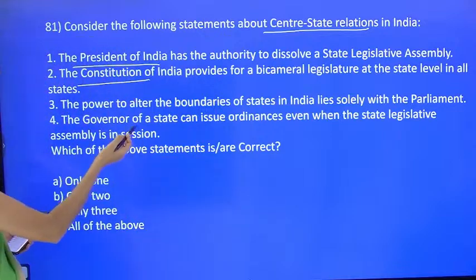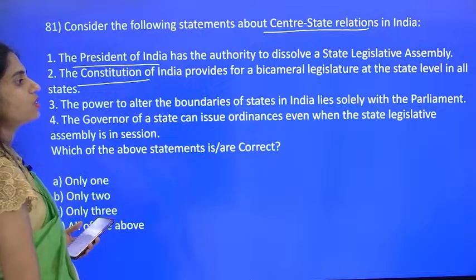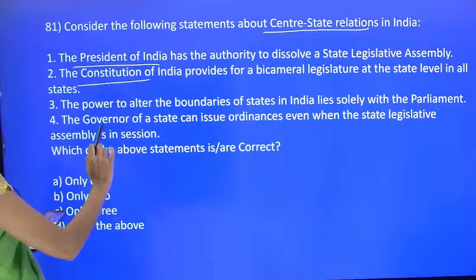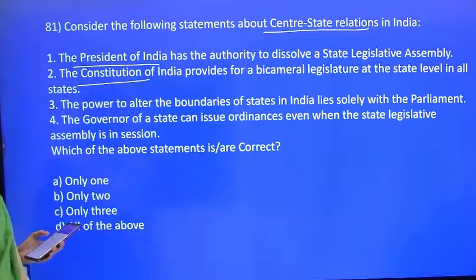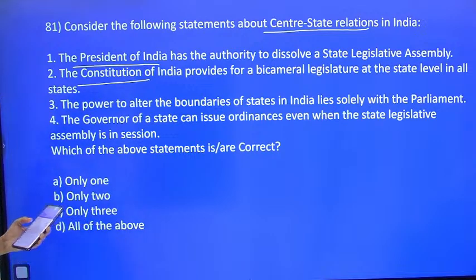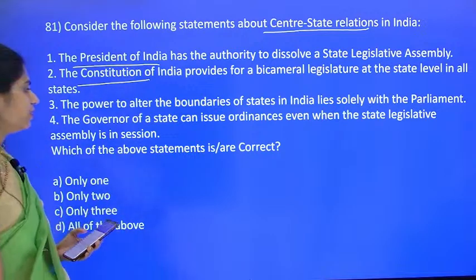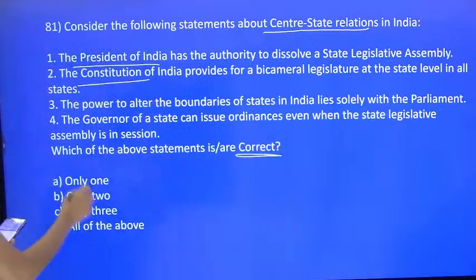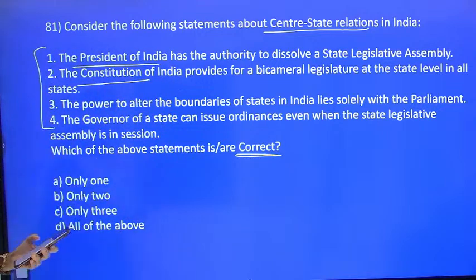The power to alter boundaries of states in India lies solely with Parliament. And next one is, the Governor of a state can issue ordinances even when the state legislative assembly is in session. So here you have to identify which are the correct statements. So read these 4 statements and tell me which statement you find odd. Fast.